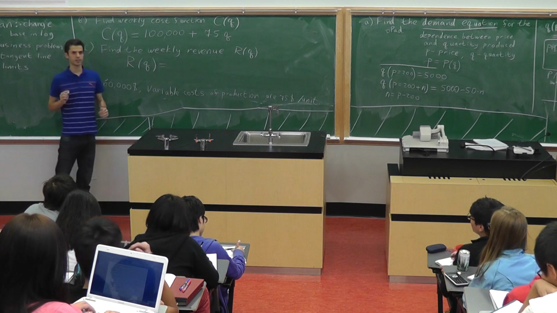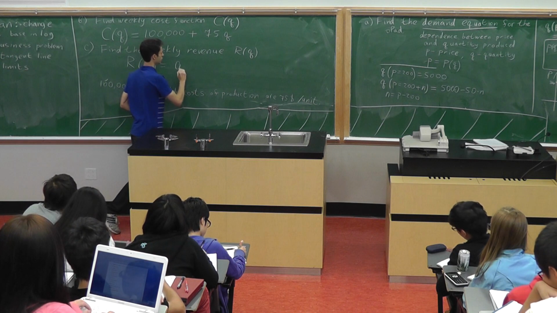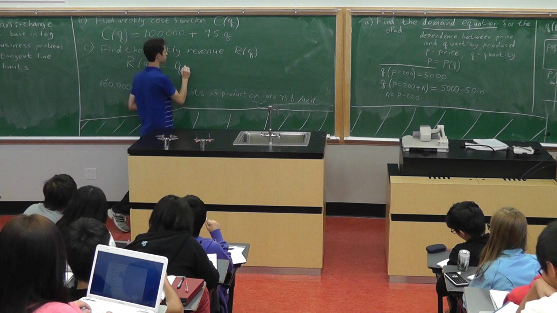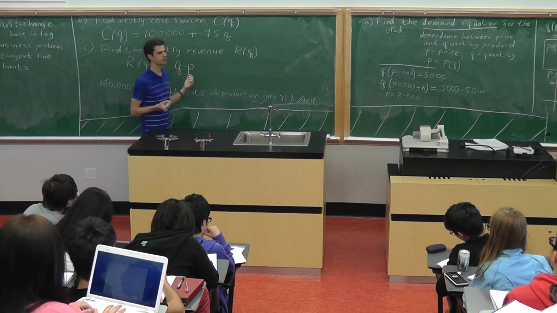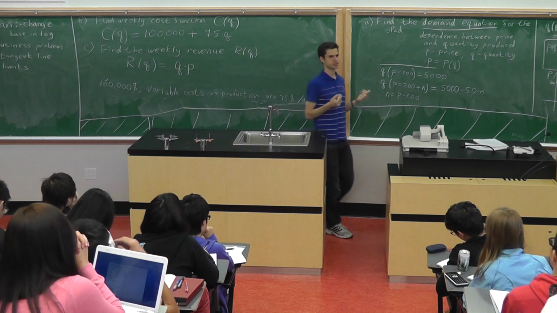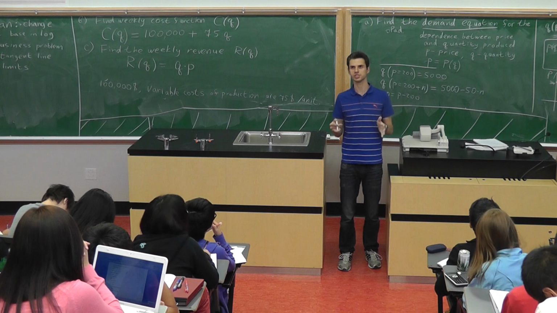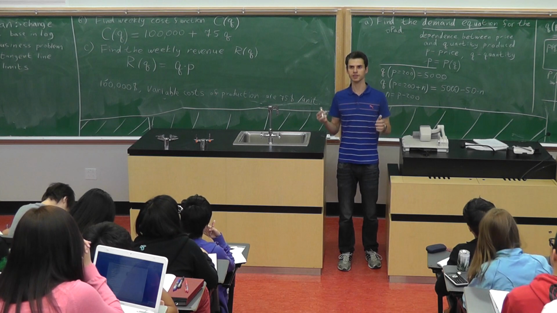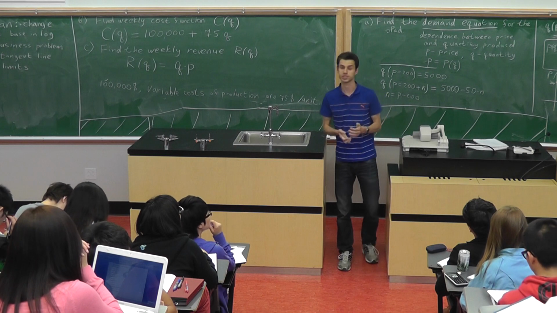It's just, well, you sell Q units, and each unit sells at a price P. So for example, in this problem, it was given to us that if the price is, say, 200, then the quantity is 5,000, and then the revenue is the product, 200 times 5,000.